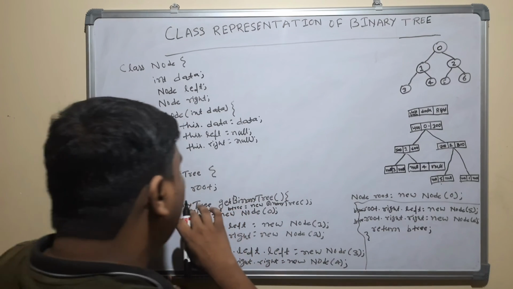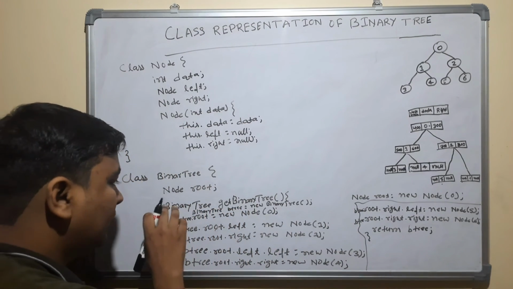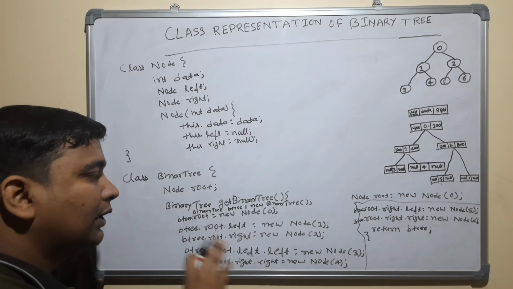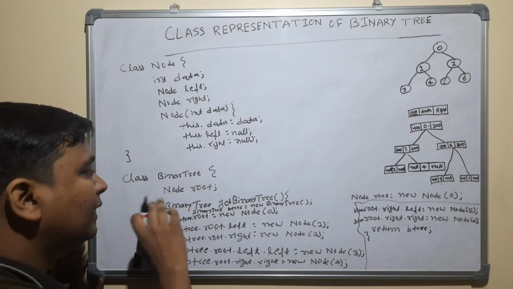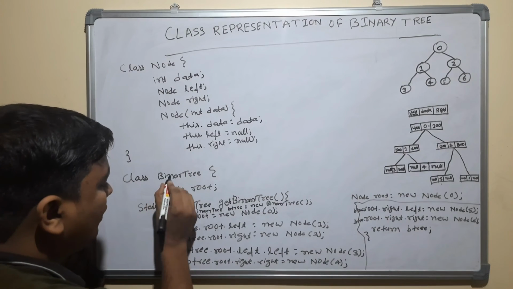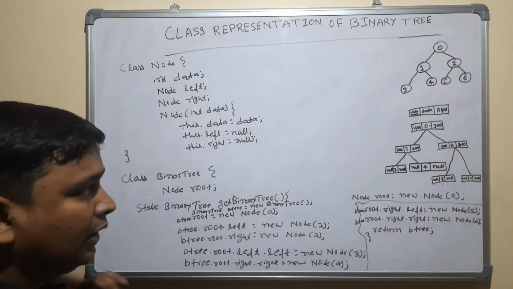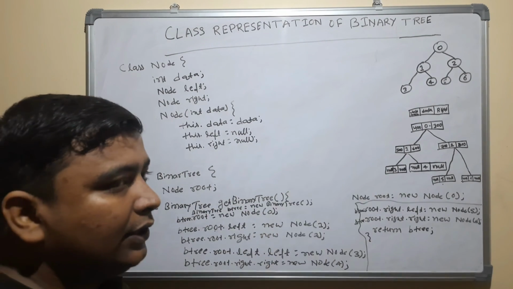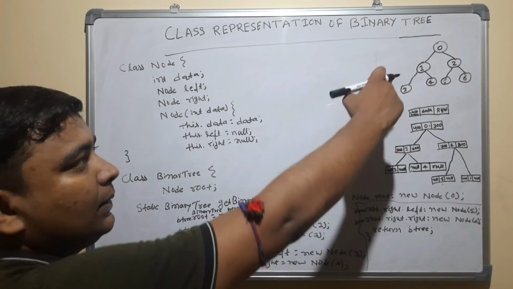So this function will not take any argument, and we are creating a static function. So when I call binary tree dot get binary tree, it will provide the binary tree object.